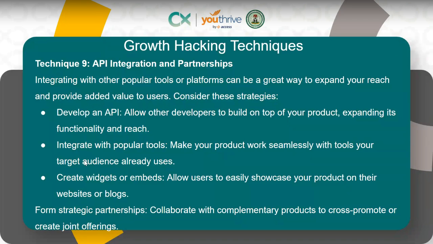So, form strategic partnerships: collaborate with complementary products to cross-promote and create joint offerings. This is very, very important. This is how most companies hack growth. In fact, there are some companies whose products you would never have known if not for the partnership they have with another product. You get it?